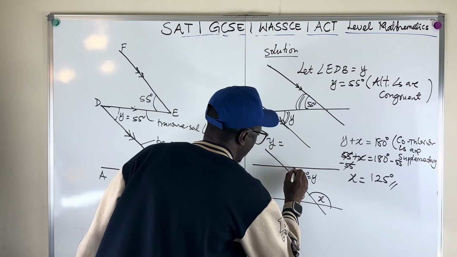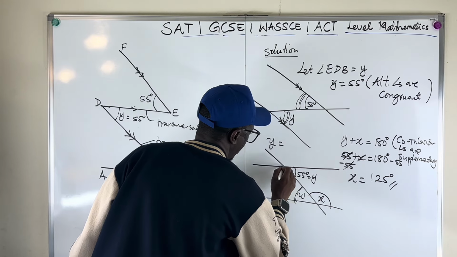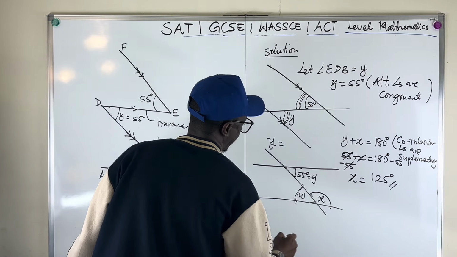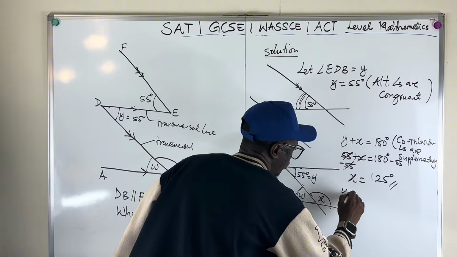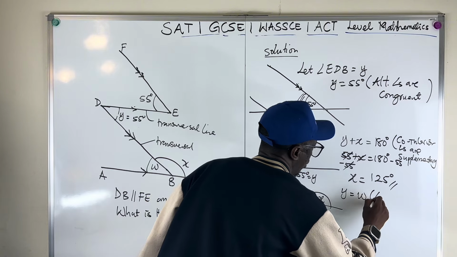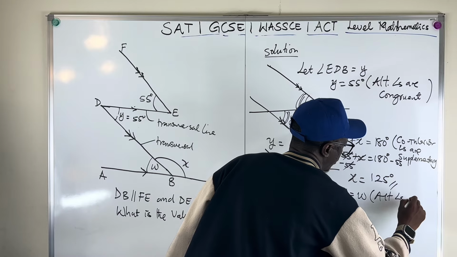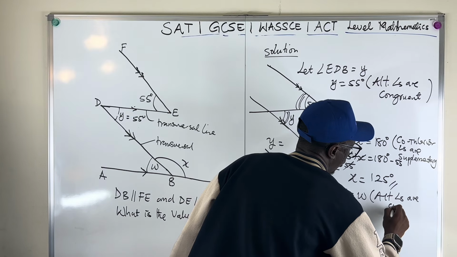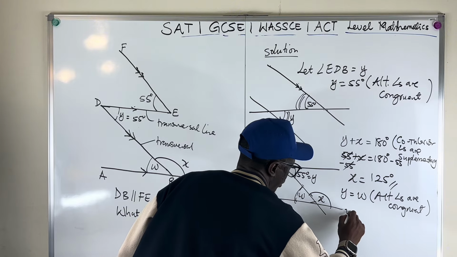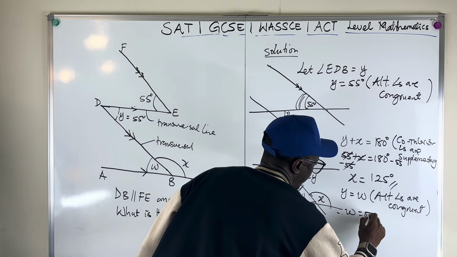Now, if you assume this one to be W, again like a Z, you go this shape. So you can say Y is equal to W, alternate angles are congruent, they have equal measures. So therefore, your W is 55.